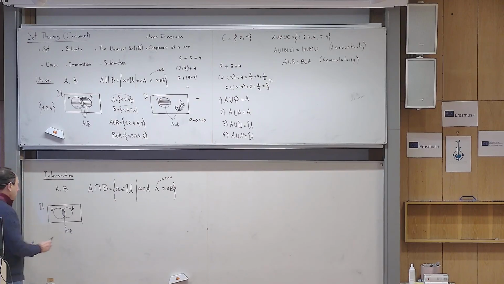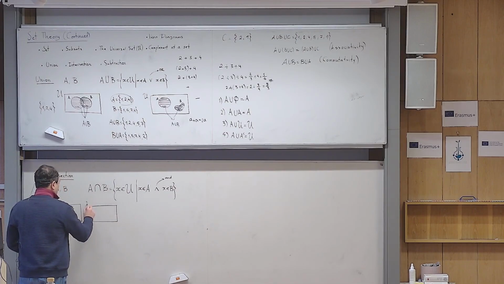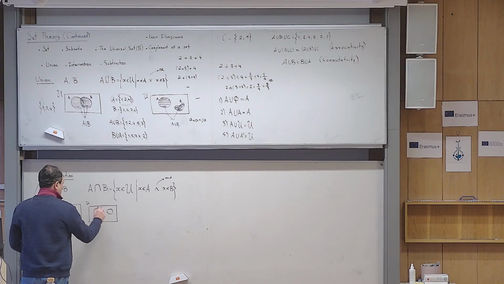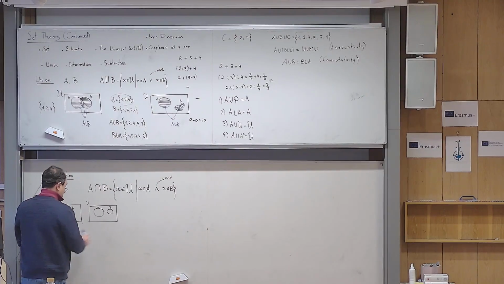Yes? For example, if I want to draw this, I want to highlight intersection for this scenario. So where will be intersection? There won't be. So when you say that there won't be an intersection, it means that the intersection is the empty set. And then there is a name for that.